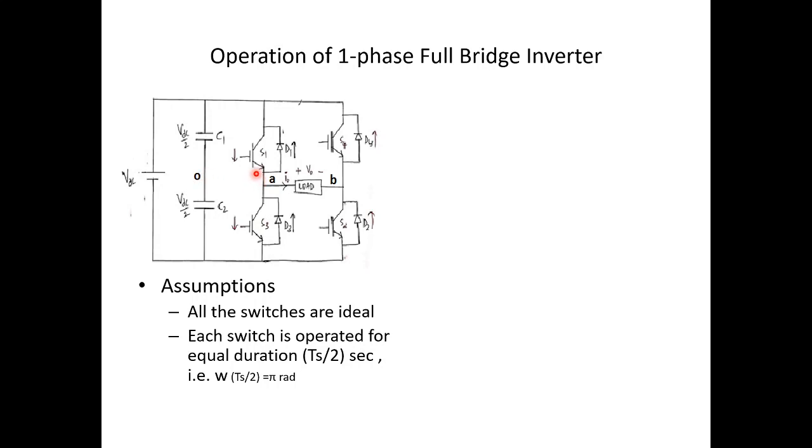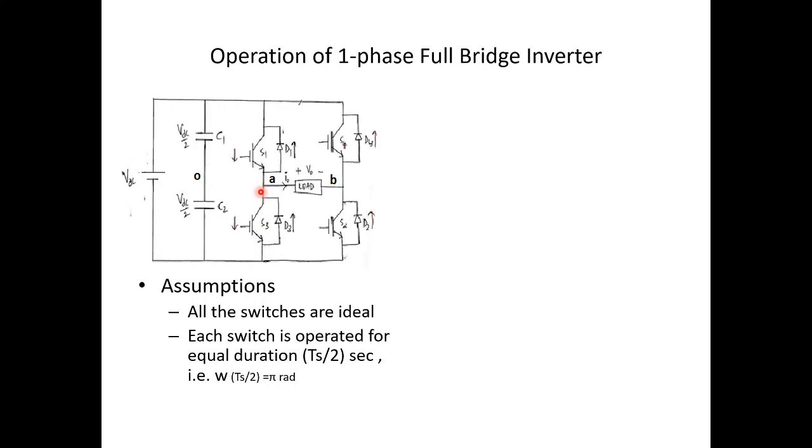Now for example, if switch 1, so either S1 or D1, when any one of them is conducting, so what should be VAO? VAO is known as pole voltage. This A corresponds to pole 1 and B corresponds to pole 2. So this pole voltage VAO is equal to VDC by 2 if this top switch is conducting. Similarly, in this leg, if the bottom switch is conducting, then what would be the pole voltage?